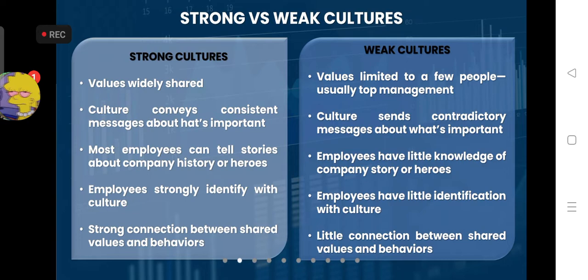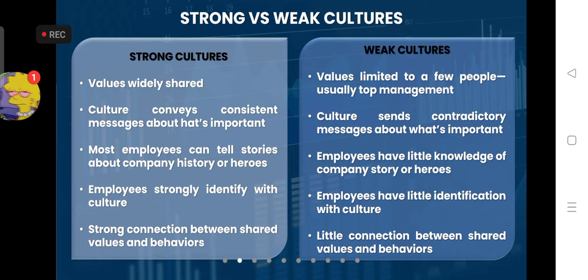Most employees can tell stories about company history or heroes, and employees strongly identify with the culture and easily blend with the work environment, and there is a strong connection between shared values and behavior, as you can notice on the exhibit shown before.